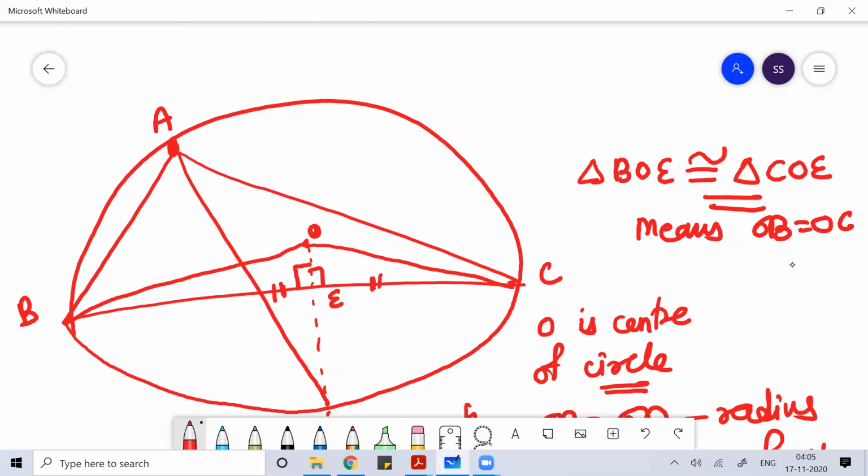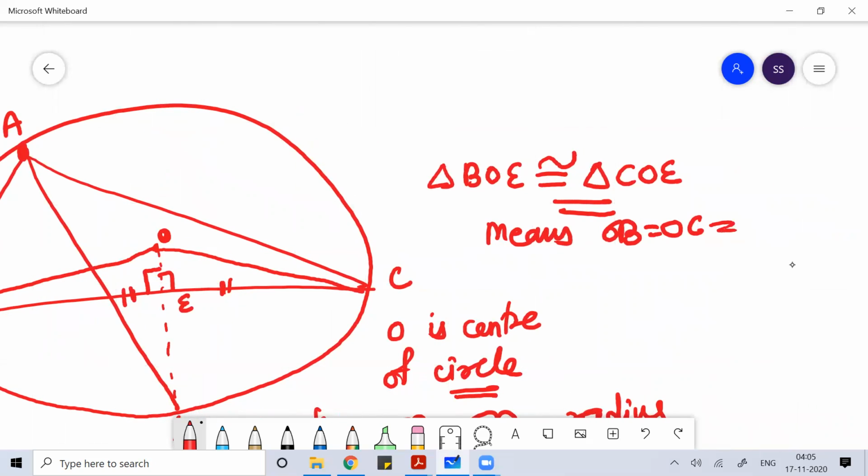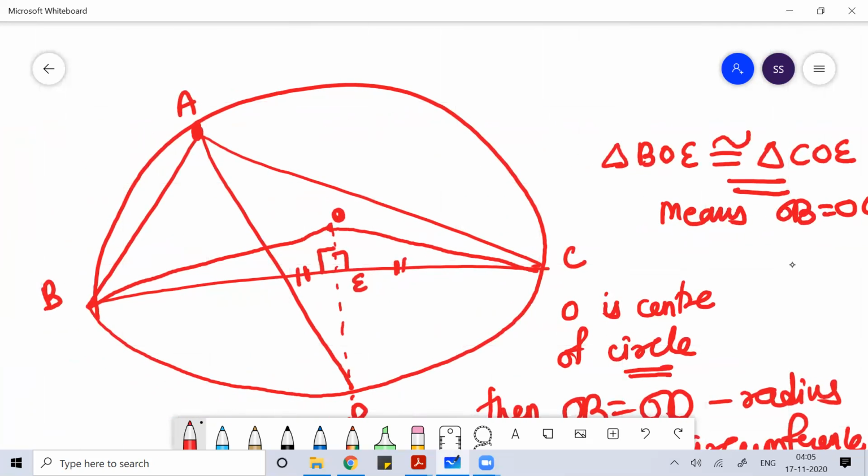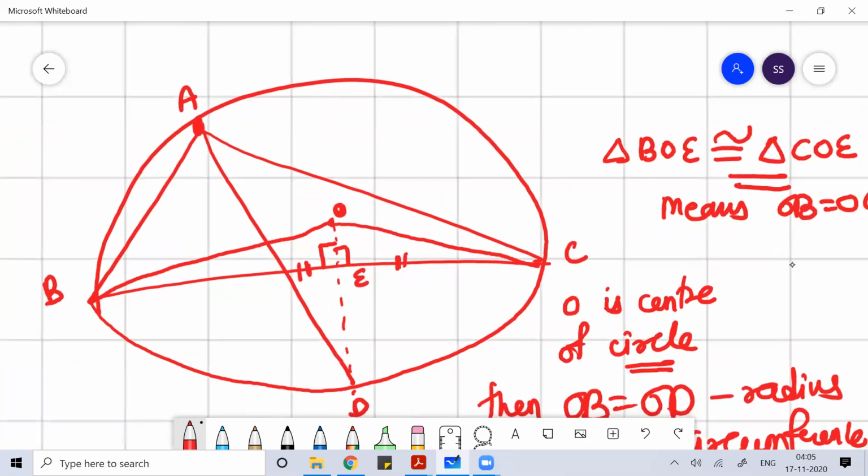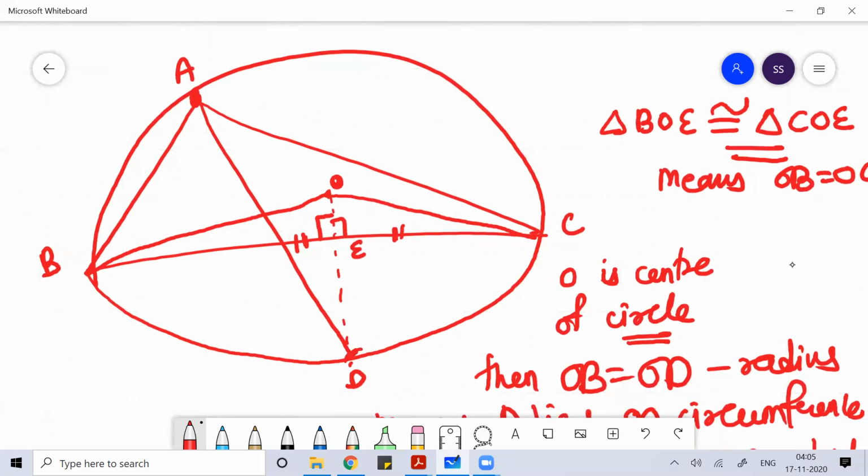And OB will be equal to OD because O lies on the center of the circle, because the perpendicular bisector always passes through the center. So OB is equal to OD equal to OC, means O is the center of the circle. So if O is the center and D lies on it, D lies on the circumference of the circle, which is the point of intersection.